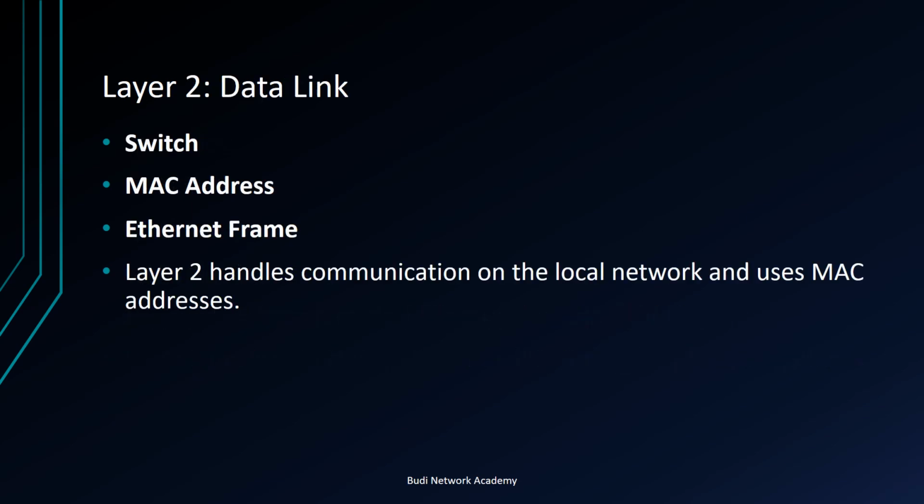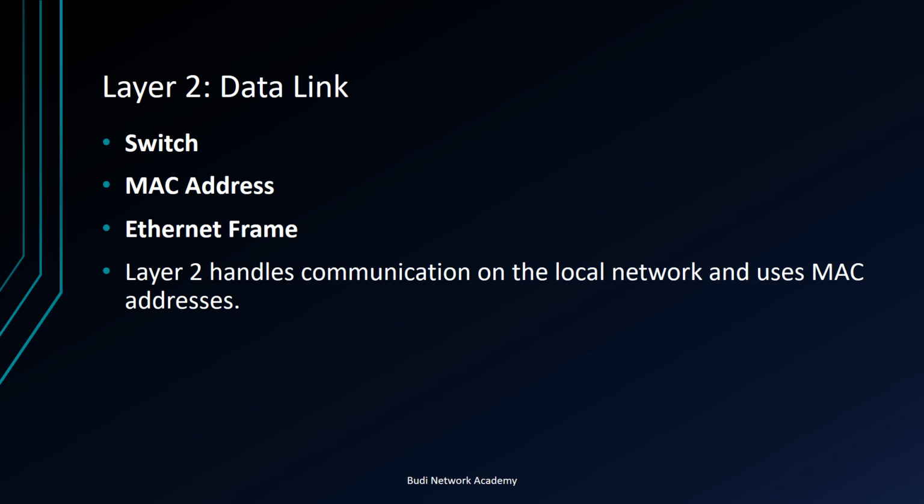Next, we have layer 2, the data link layer. This layer is responsible for communication within the local network. One important concept here is the MAC address. Ethernet frames also operate at this layer, and this is where we can connect what we learned in our previous videos.